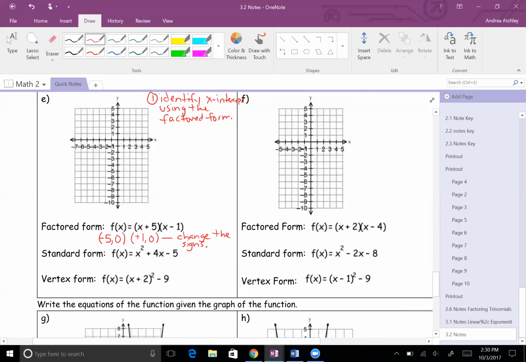Any questions over that? So I'm going to go where x is -5 and y is 0, which is right here. Then I'm going to go where x is 1 and y is 0, which is right there. I'm going to graph those 2 points. Then I'm going to find the y-intercept.